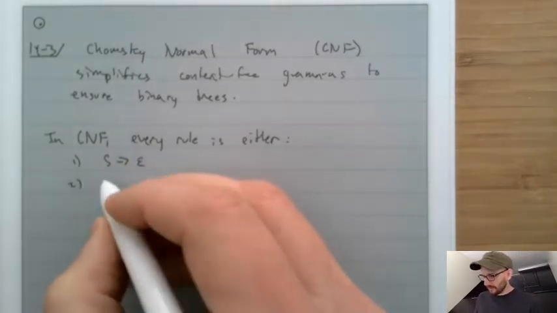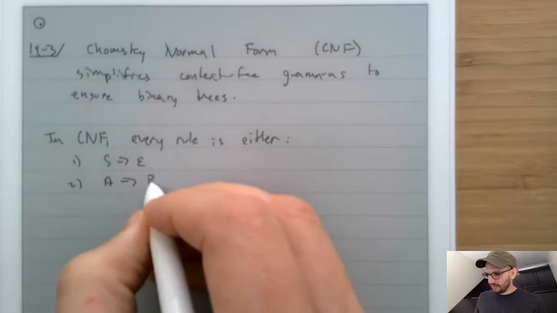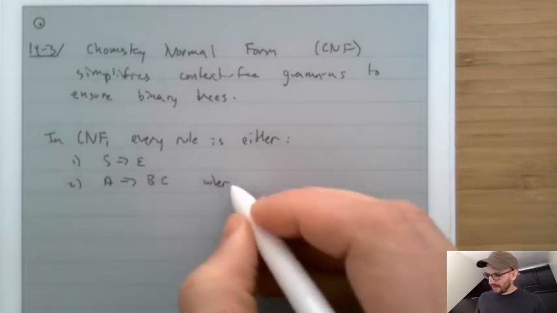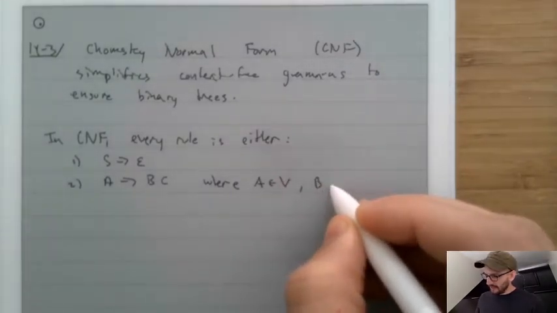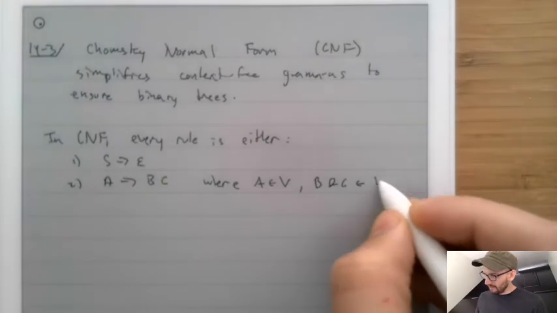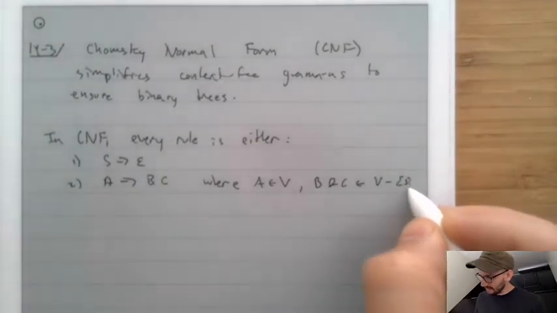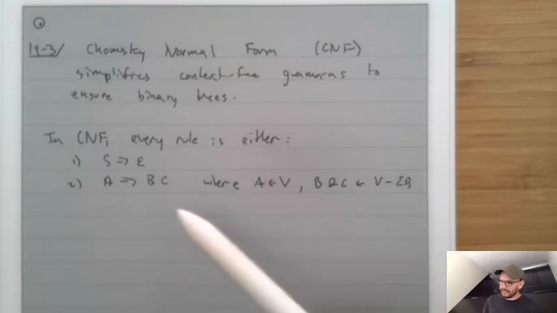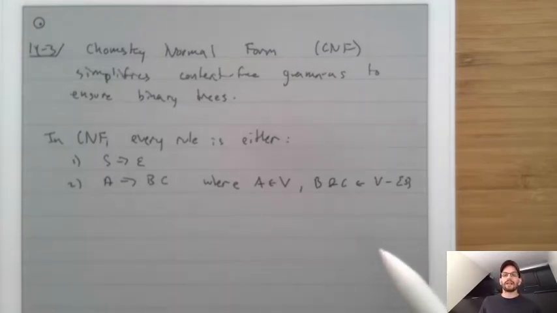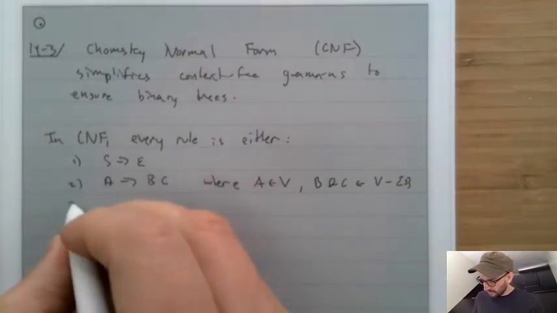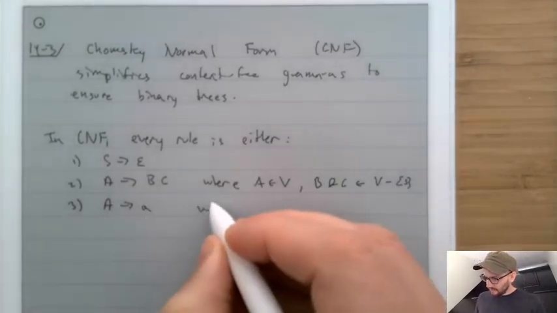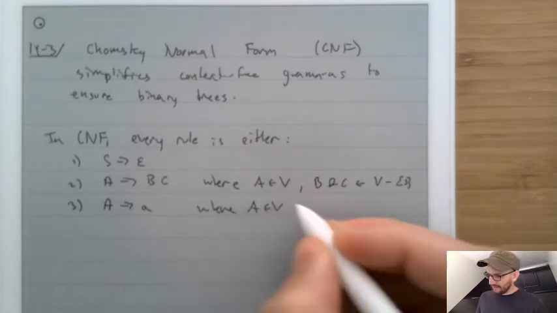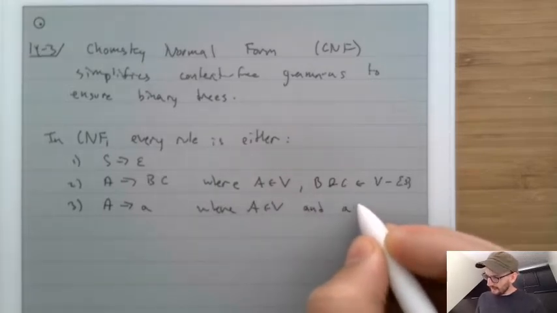2, A goes to BC, where A is inside of V, and B and C are inside of V minus S. So notice that B and C are both variables, and they're not allowed to be S. You can never go back to S. Or rule 3, A goes to little a, where big A is inside of V, and little a is inside of sigma.